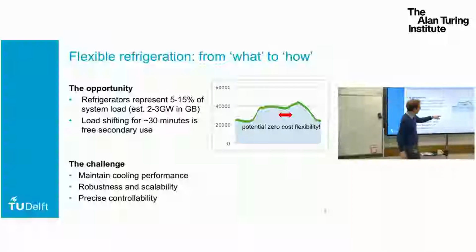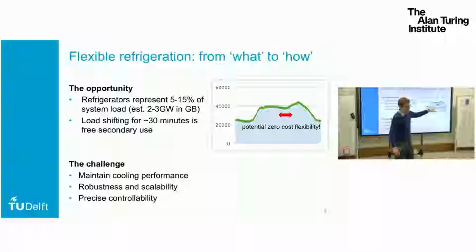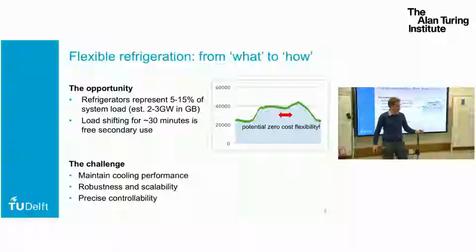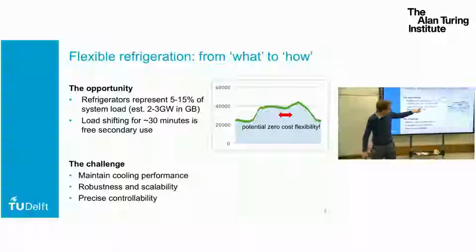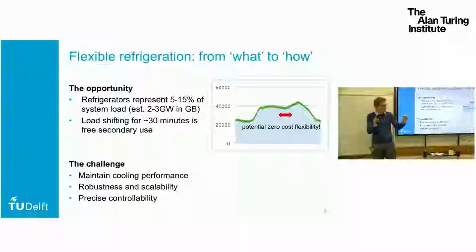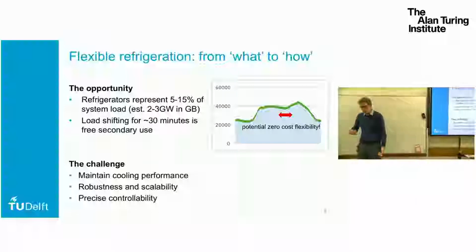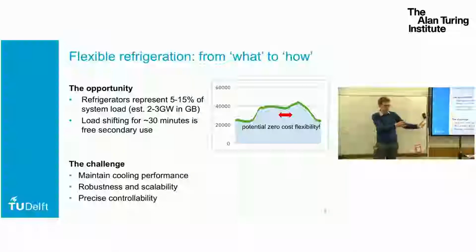This little green area is just a sketch, so don't take this as my promise of exactly that much. But roughly, that green layer over there is flexible stuff that you can move backward and forward, and you can use that to run your whole system more efficiently. You can use that to not run an extra generator in reserve in case something goes wrong.